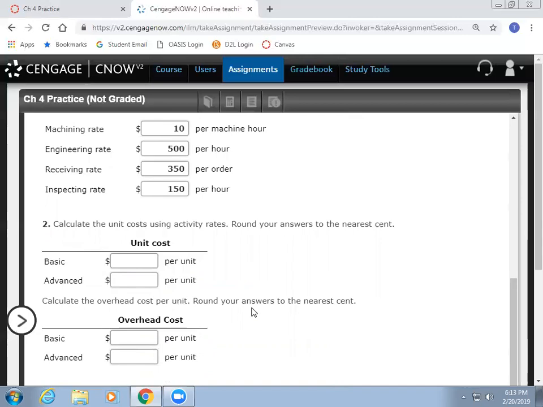So we know we have 100,000 hours of machining. And I'm just going off of the basic that they gave me. And that would be at $10 an hour. So that's machining overhead. And then I have engineering. We have 400 engineering hours times a rate of 500 per hour.